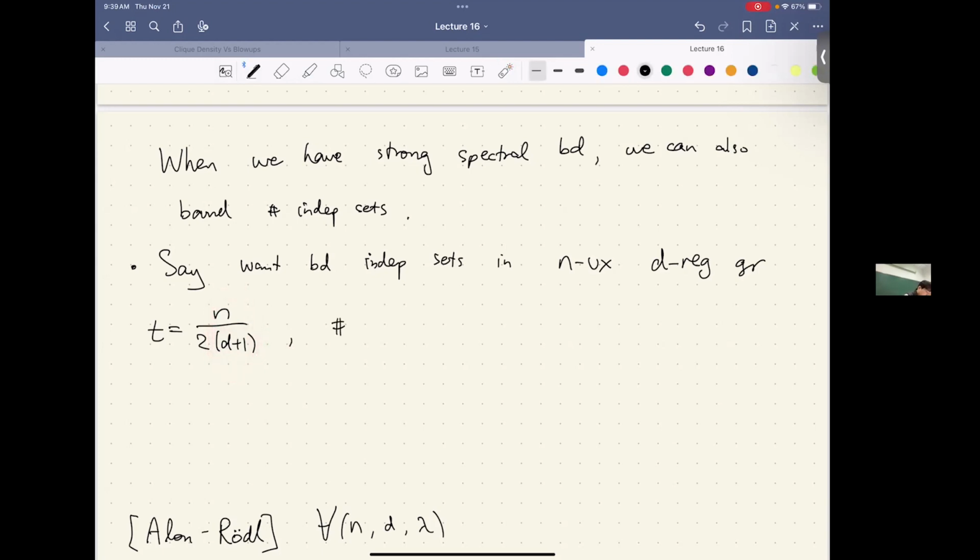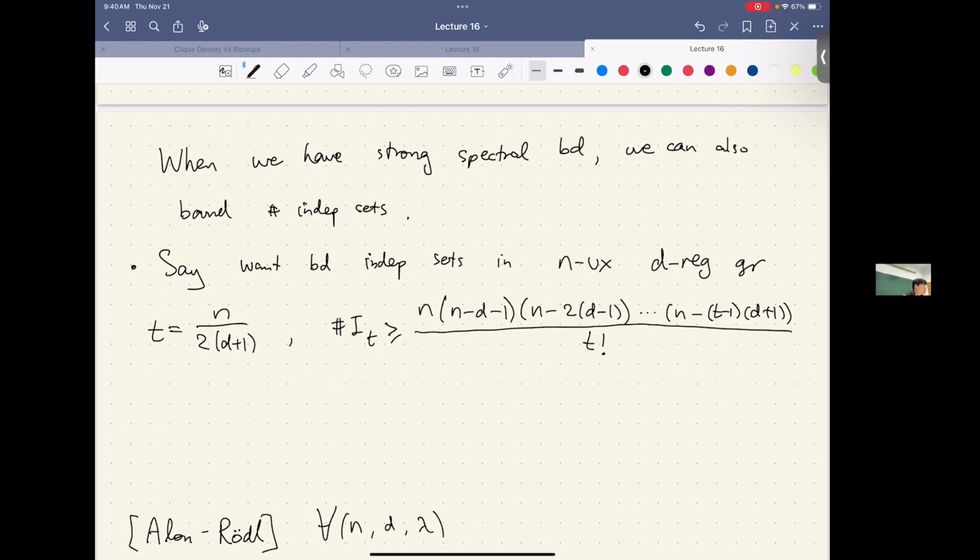So the number of independent sets of size T is at least the following in such a graph. You have n choices for the first vertex of the independent set. After you choose the first one, kick out its neighbors, n minus d minus 1 for the second one, n minus 2 times (d plus 1) for the third, down to n minus (T minus 1)(d plus 1) for the last vertex, right? And you might choose them in any arbitrary order, so you divide by T factorial.